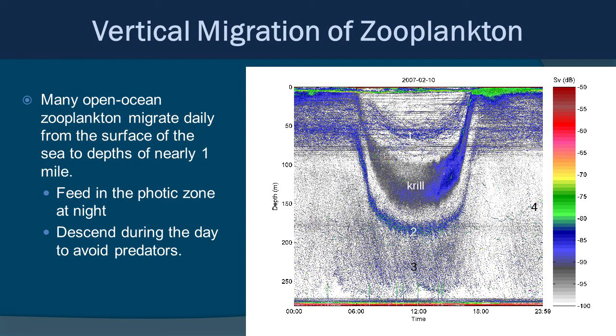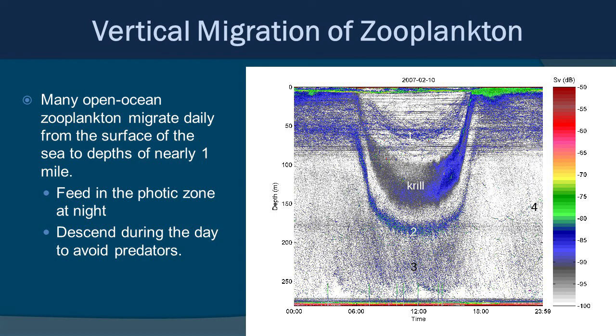Now, let's think about this logically. The photic zone is at the surface. That's where all the phytoplankton are. That's where the food is being generated. Now, in the surface waters during the day, there's nowhere to hide. So all these krill, these little shrimps, things like that, are all vulnerable to being consumed, right?